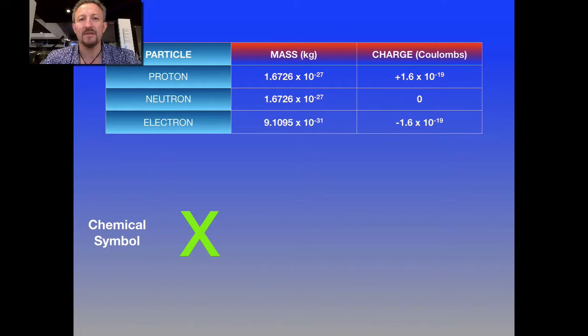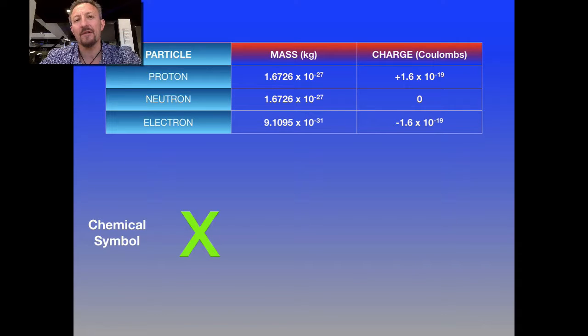We start with a capital letter, and if there is a second letter, it's always lowercase. That allows us to know whether the second letter is part of the first element, or a second element in a compound. So we always write a capital letter for the first, and then a lowercase letter if it happens to have a second.